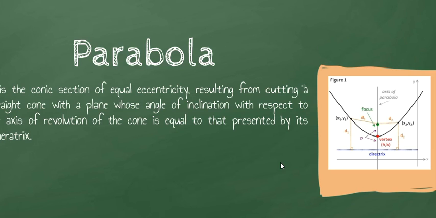In mathematics, it is the conic section of equal eccentricity, resulting from cutting a straight cone with a plane whose angle of inclination with respect to the axis of revolution of the cone is equal to that of the generatrix. The plane will therefore be parallel to this line.